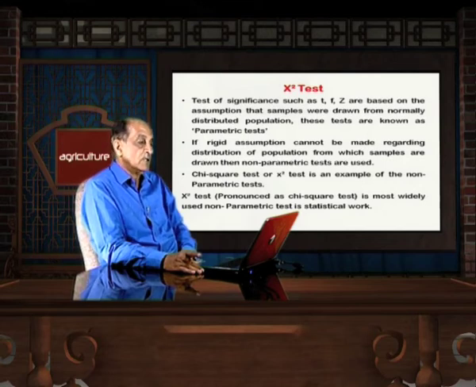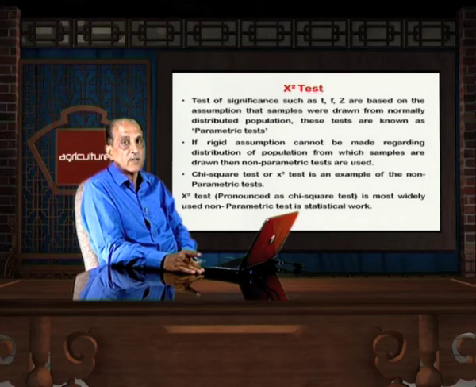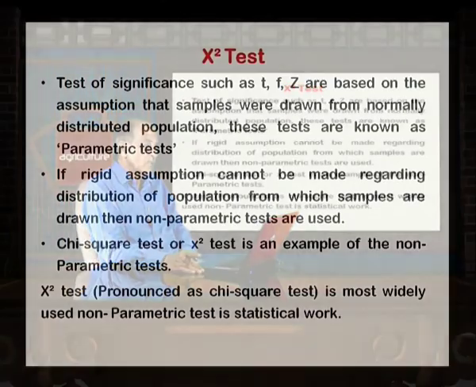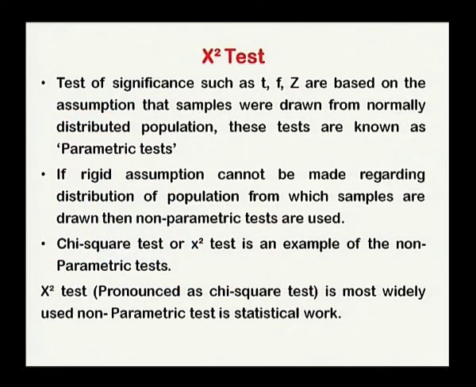Dear friends, we have discussed so far three types of parametric tests: the T test, F test and Z test. Now, we discuss the chi-square test, which is regarded as a non-parametric test. Tests of significance such as T, F, Z are based on the assumption that samples were drawn from a normally distributed population. These tests are known as parametric tests.